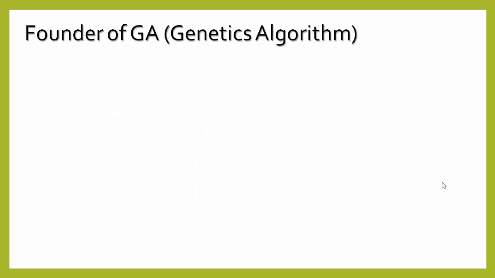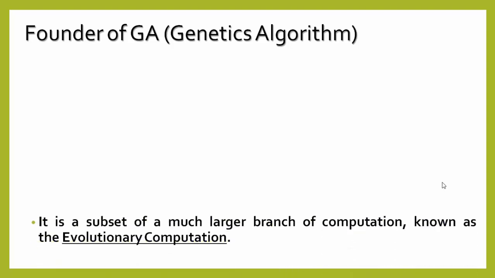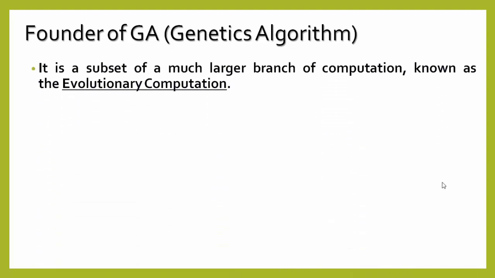Now let's see something about genetic algorithm. First of all, let's see who the founder of genetic algorithm is. It is a subset of a much larger branch of computation known as evolutionary computation.